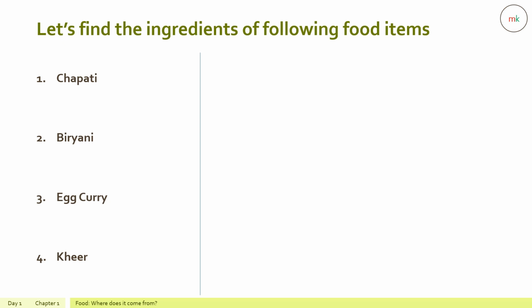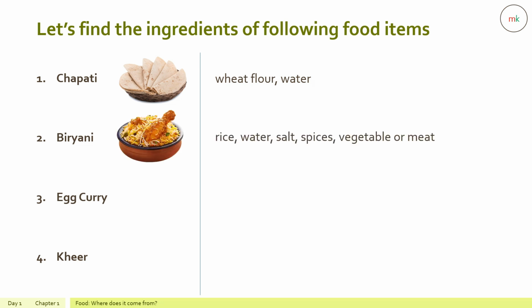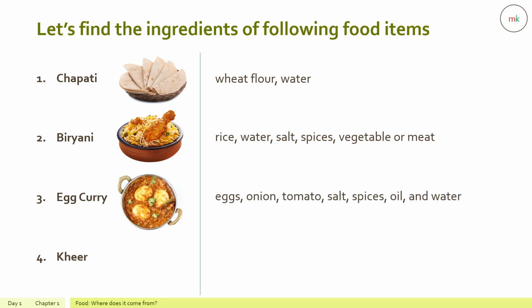Let's find the ingredients of following food items. Chapati is made of wheat flour and water. Biryani comprises rice, water, salt, spices, vegetable or meat. Egg curry is made of eggs, onion, tomato, salt, spices, oil and water, whereas kheer is made of milk, rice, sugar and dry fruits.